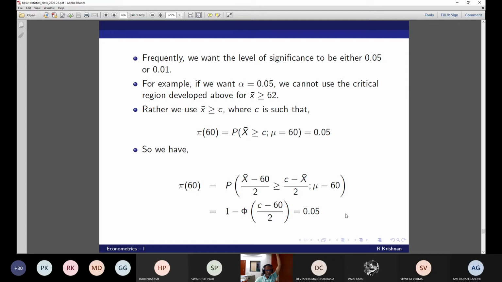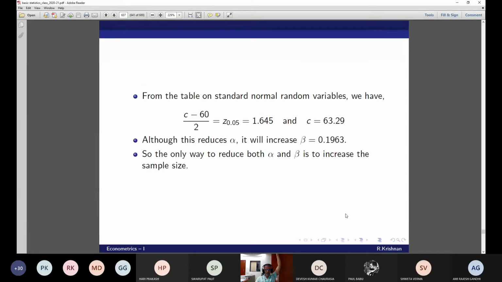Now we are given the other way around. We are never given the other way around. Pi, the portion cut off, is given. What will be the probability of that? In the table on standard normal variables, this is always given. You cannot invert it.